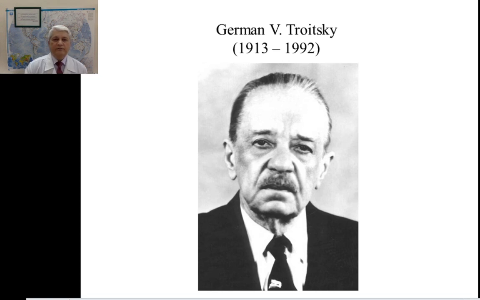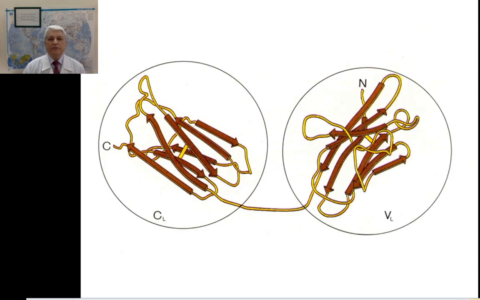On the next picture, you can see the beta structure of immunoglobulins at larger magnification. My question to all of you, please tell me, what do we see on this figure? I hope you understood that this is one of the light chains of immunoglobulin, because here we have the CL domain and here you have the VL domain.